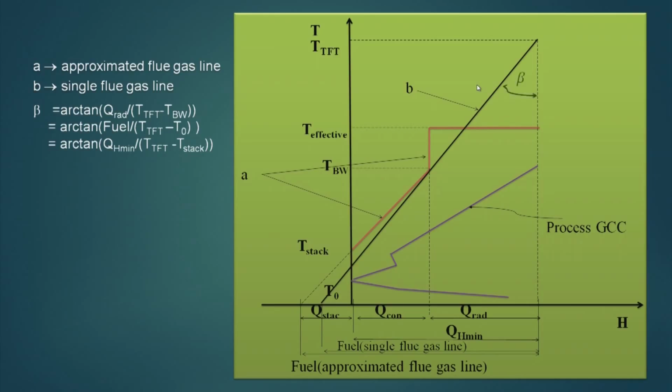Now, from this we can write down that tan beta is equal to Q radiation, this much or this much, Q radiation divided by T f t minus T b w. Now, this distance is T b w and this is T f t.